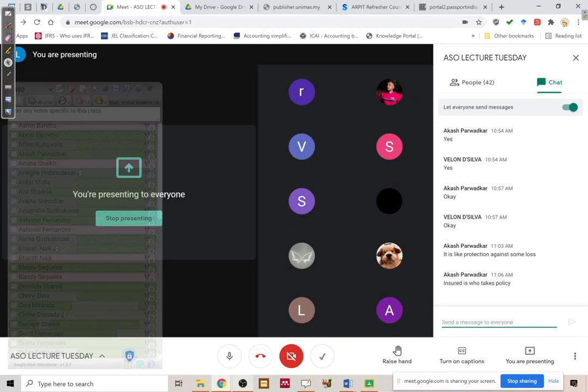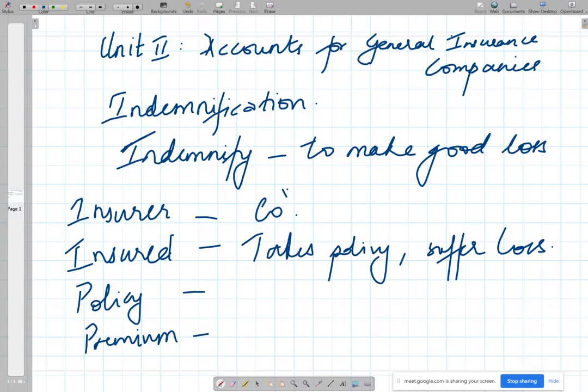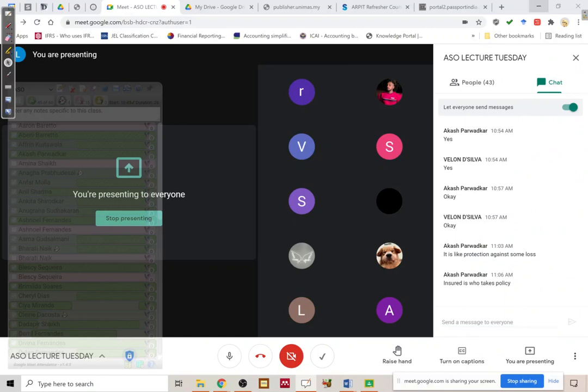Now, what does premium mean? What do we understand by premium? This is the document, with terms and conditions. What does this premium mean and who pays the premium to whom?